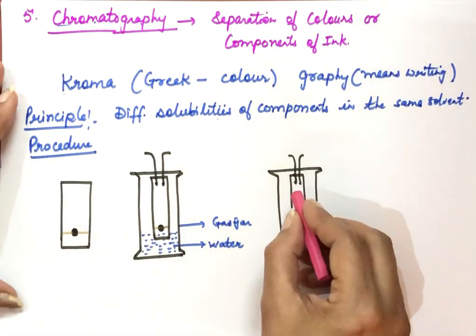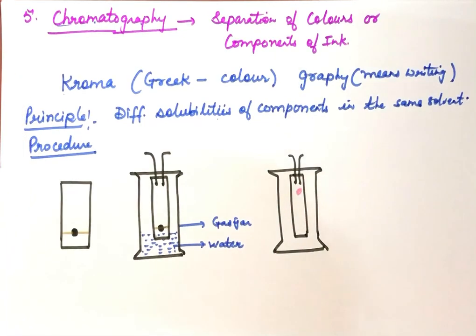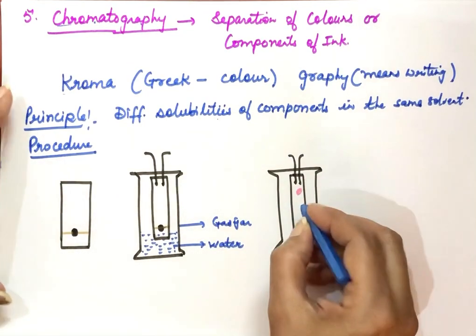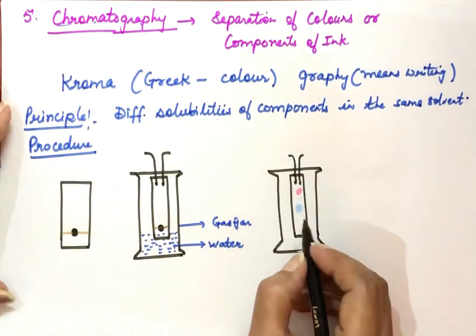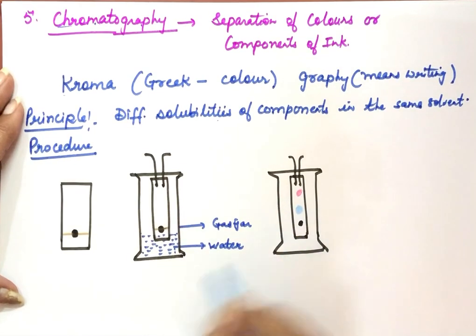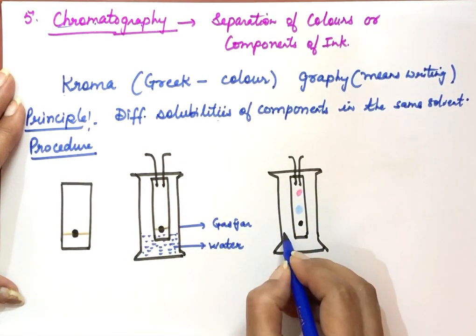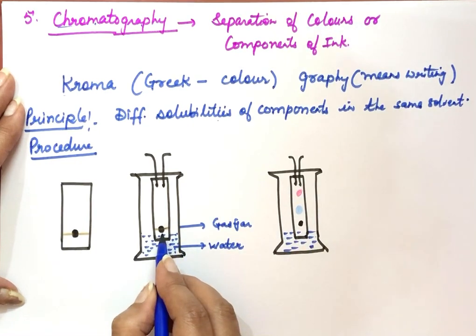Suppose that component is this one of pink color, and it has reached the top part along with the water, and some of the dots we'll see at the low level, at different heights. There are suppose three components in this, all with different solubilities in water.